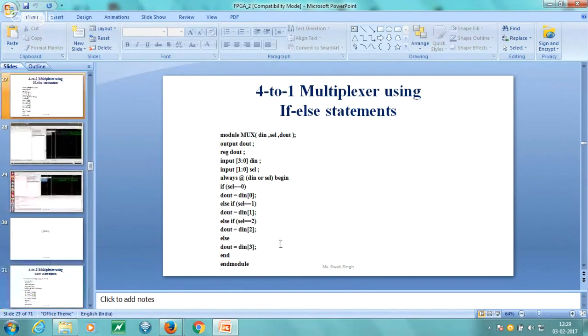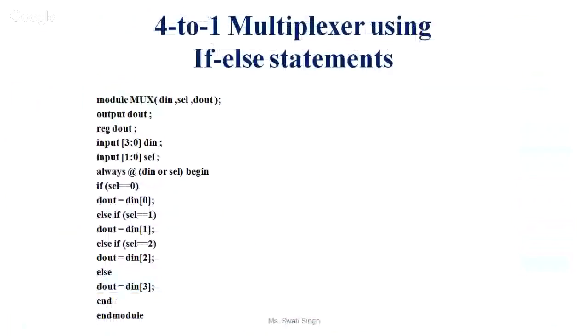So this is a Verilog module program. Here you can see module mux, D in, D select, D out. D out is the output. So it is a program example of sequential programming. When we take D out as output, similarly we give the name to the register D out.